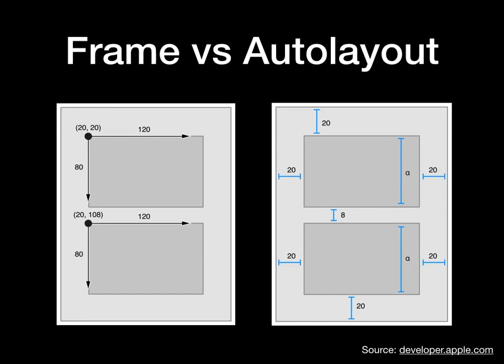Especially for smaller phones like the iPhone 4 versus iPhone 10, that's a huge difference in screen size. So that's why we moved away from frames. They're pretty manual and not very flexible, and your apps won't necessarily look good on all screen devices with frames.